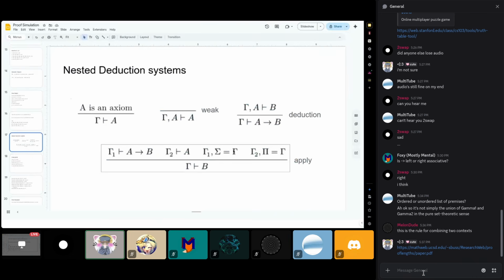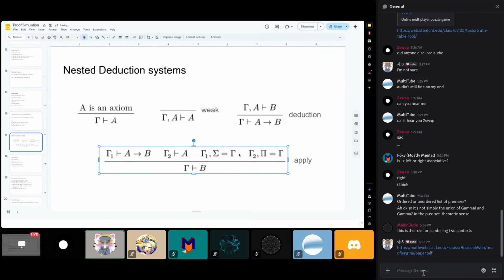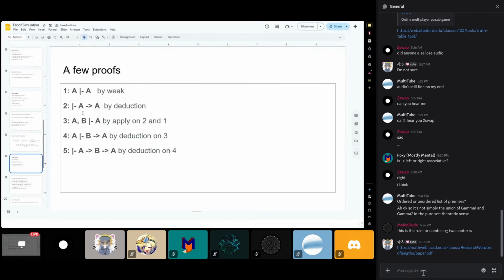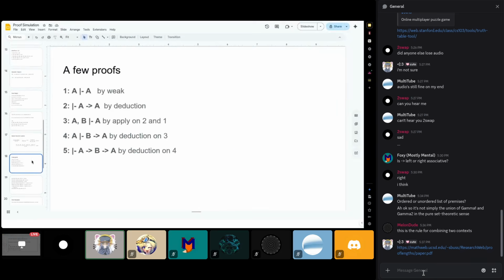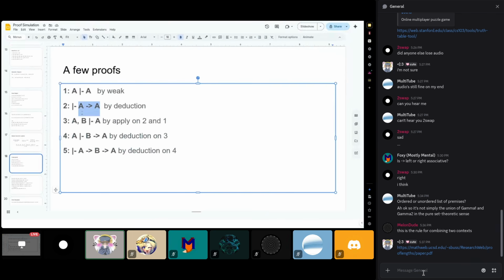So it follows this rule here because it's a prefix of our big context. Also notice that A is a prefix of this context, so that satisfies this bit here. And then it's just modus ponens on A implies A and A, which gives us A. Does that check out? Yeah, I think so.